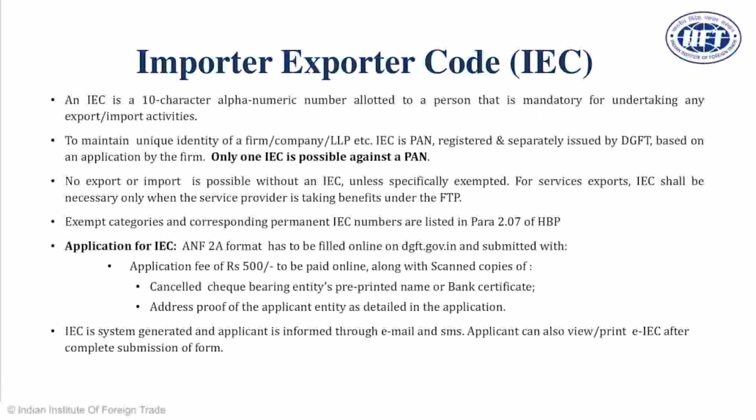So these are the two documents you need to apply for IEC. The moment you apply for IEC, the same day the IEC is generated and you can take a printout. It will also be sent to your email ID and you will be intimated through SMS.